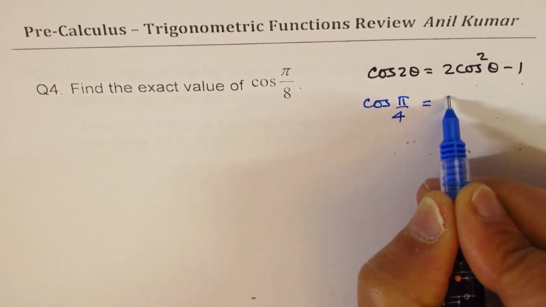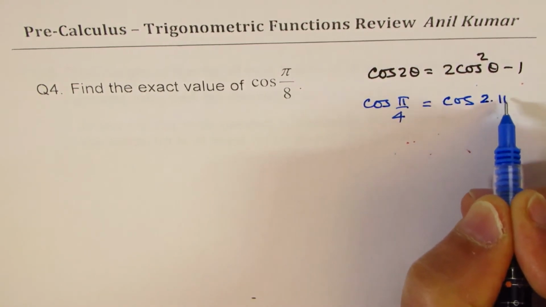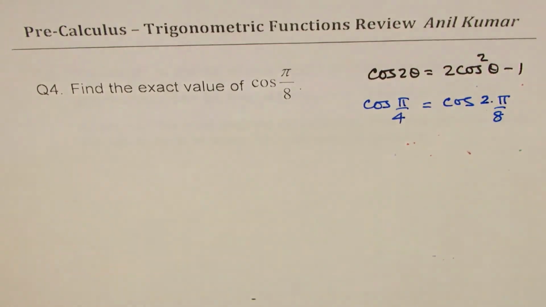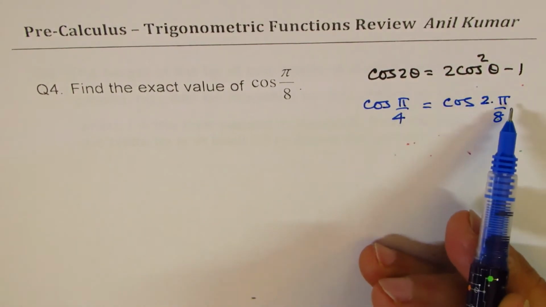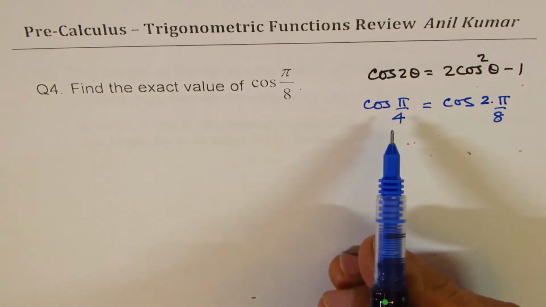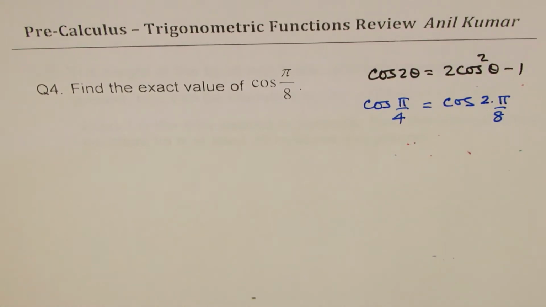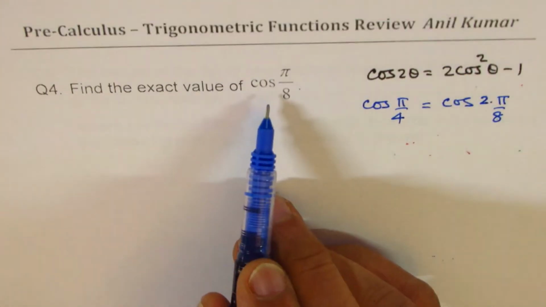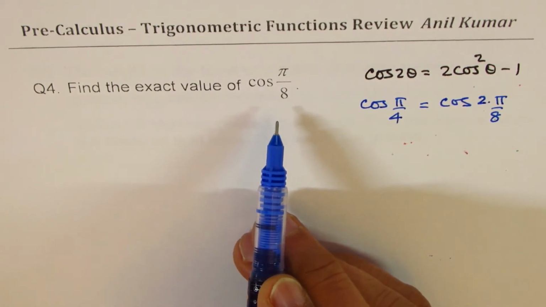We could always write this as cos of 2 times pi by 8. Do you get an idea? So we kind of converted pi by 4 as twice some angle. Correct? Do you see that? And this can be used to find the exact value of cos pi by 8 without remembering the formulas. That's what I'm trying to tell you.